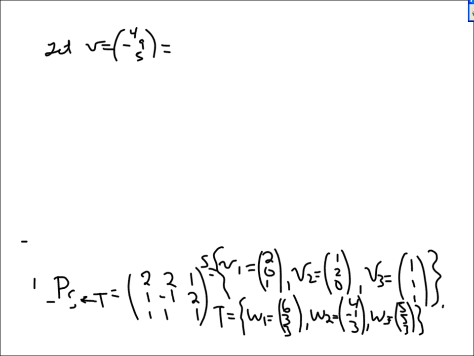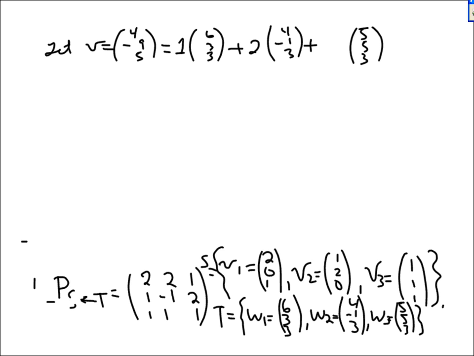4, negative 9, 5 is a multiple of 6, 3, 3 plus a multiple of 4, negative 1, 3 plus a multiple of 5, 5, 3. And it turns out that these multiples are 1, 2, and negative 3.